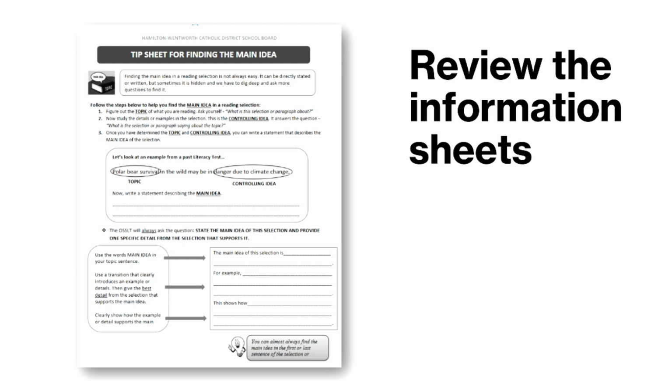So you can start it off with, the main idea of this selection is, and then give an example, and then state how the example supports the main idea. So that gives you a nice guideline there on how to structure that question for the OSSLT.